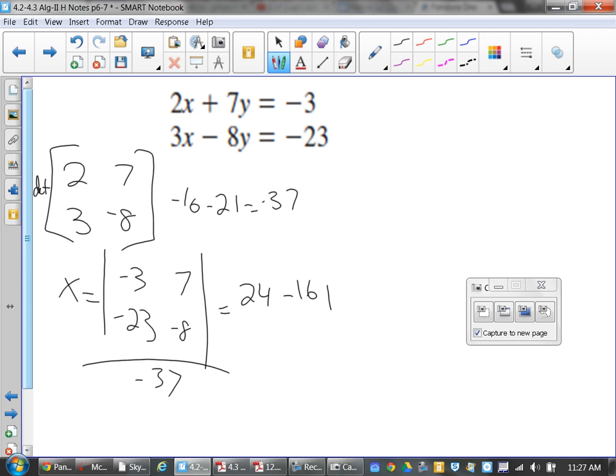Minus 24 is what? Negative 137 over negative 37. Do we just keep it like that? Sure, simplify. And then you do the same thing for y.